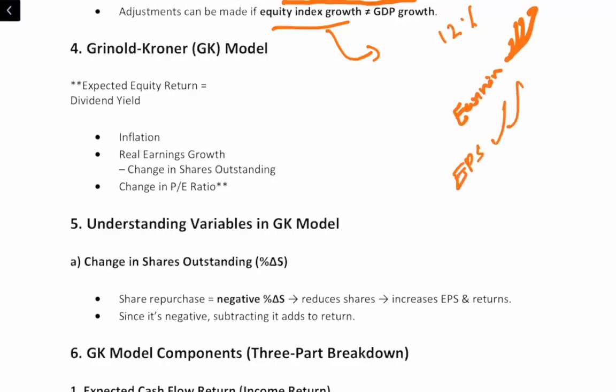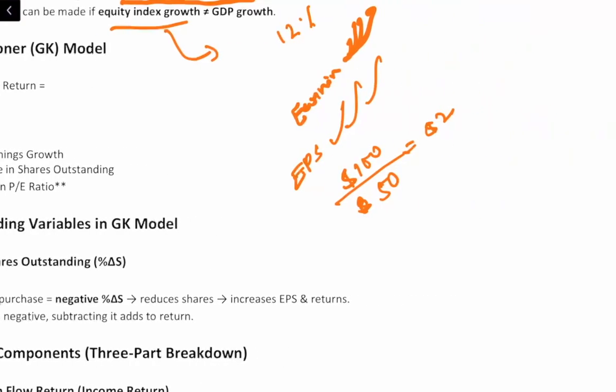It is huge. Why? Because suppose you are earning $100 and you have say 50 shares in the market. So what is your earnings per share? $2. Clear? But suppose now your earnings have increased to 120 and you have repurchased 10 shares. So now how many shares are trading in the market? 40.